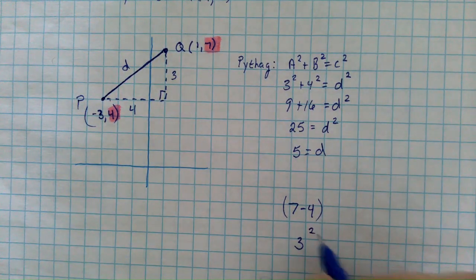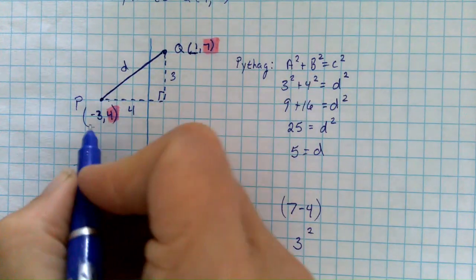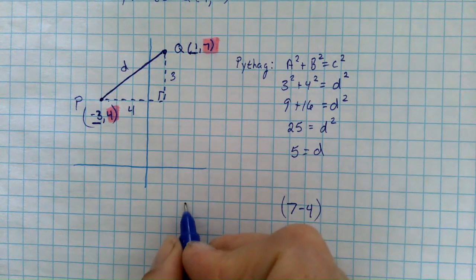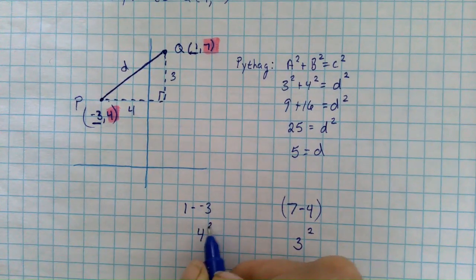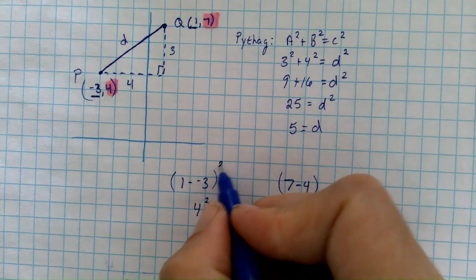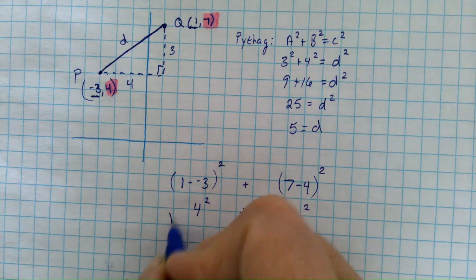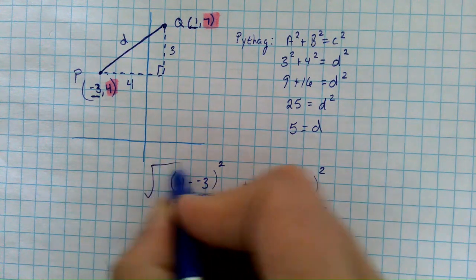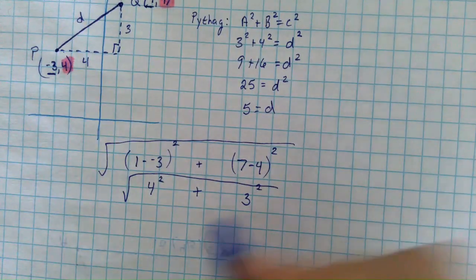And we squared that. Could we do something similar with our x's? 1 and negative 3. 1 minus negative 3. Hey, that's 4. And then we squared that. And we added them together, and then we did the square root. We have just reverse engineered the distance formula.